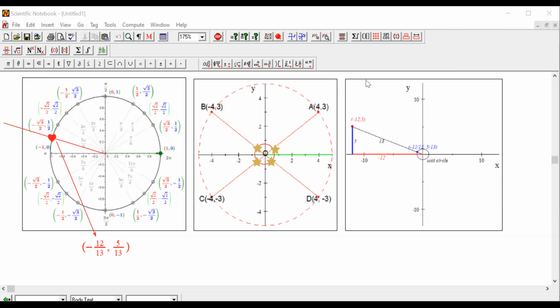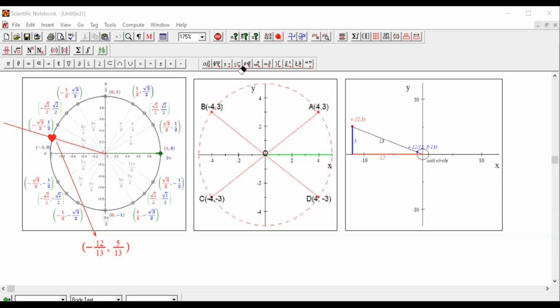Okay, so I'm going to draw a better picture. How about that? Okay, delete. If you let me, be patient with me. Thank you. Okay, so I'm drawing this unit circle.